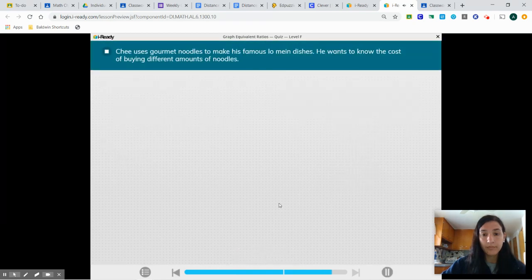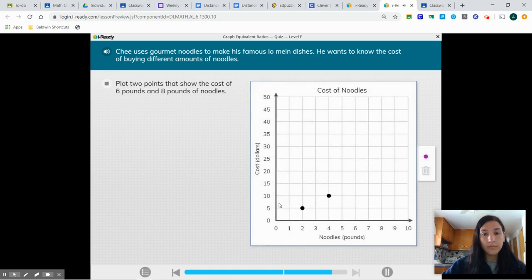Chi uses gourmet noodles to make his famous lo mein dishes. He wants to know the cost of buying different amounts of noodles. Plot 2 points that show the cost of 6 pounds and 8 pounds of noodles. Okay, so here we see that the cost is $5 for 2 pounds of noodles.